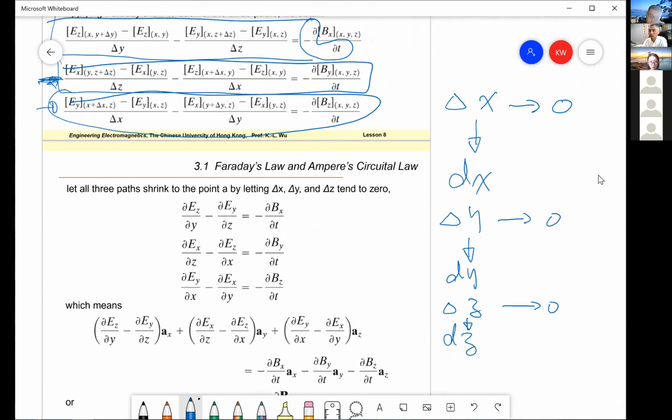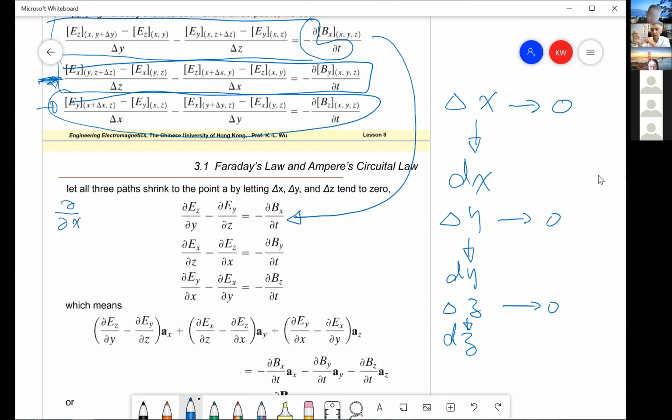So this equation becomes differential form. Everything we deal with is a partial derivative.